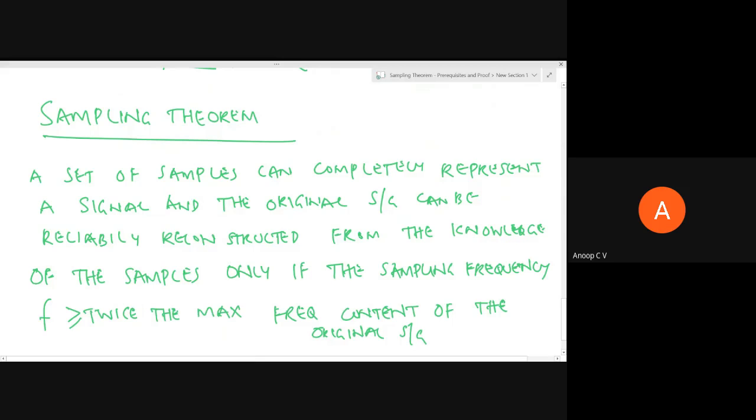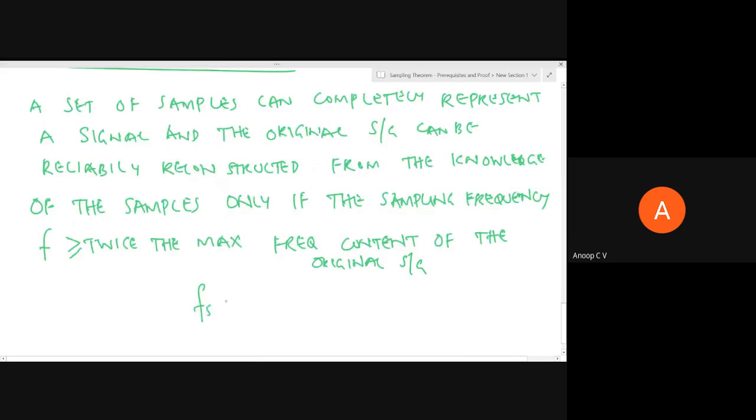That is, fs should be greater than or equal to 2w.